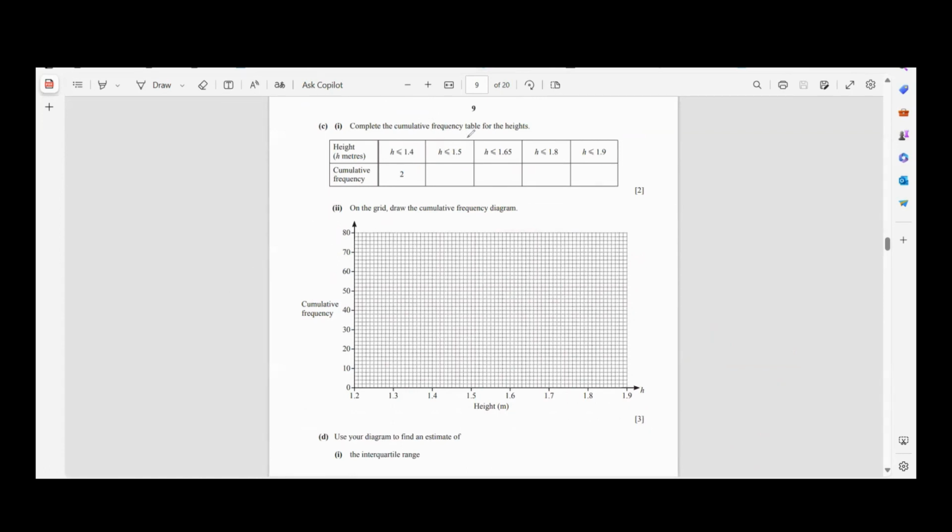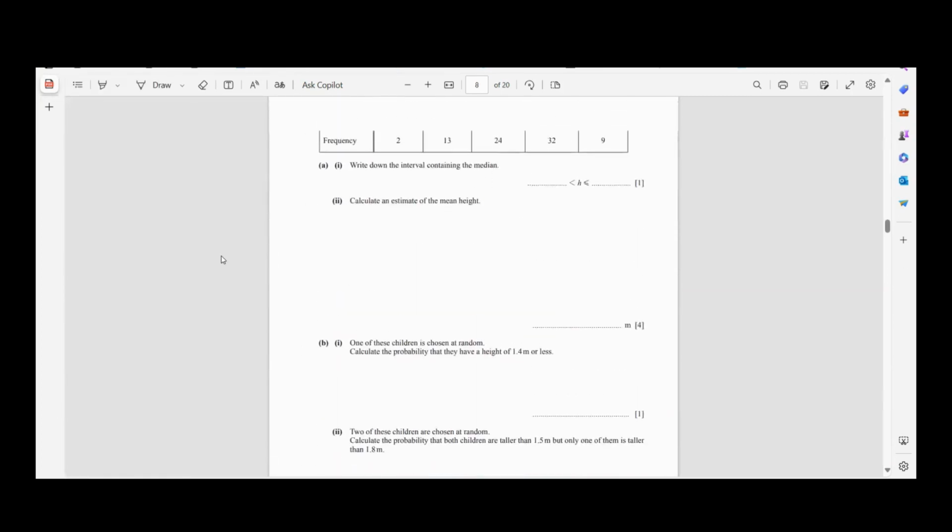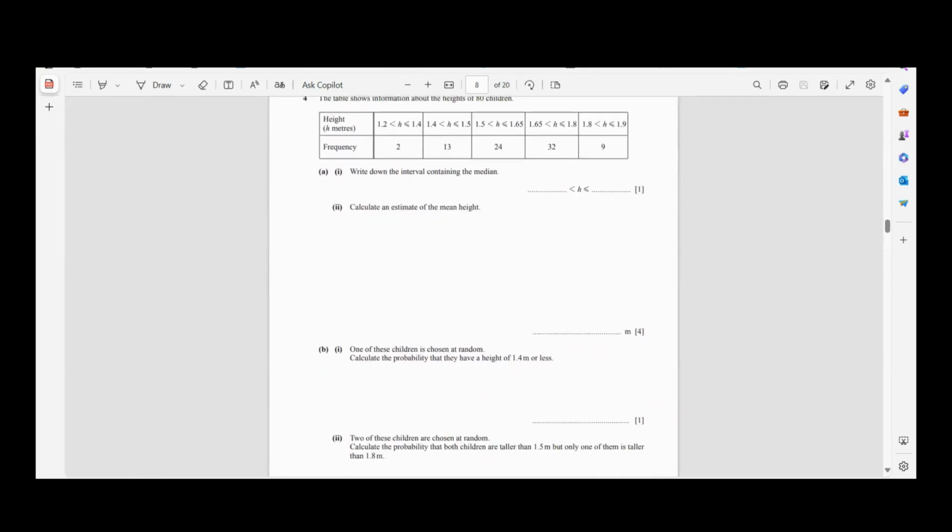Next, the cumulative frequency for this. So the cumulative frequency we have: first is 2, and then of course this will become 15, this is 39, then 71, and then 80.